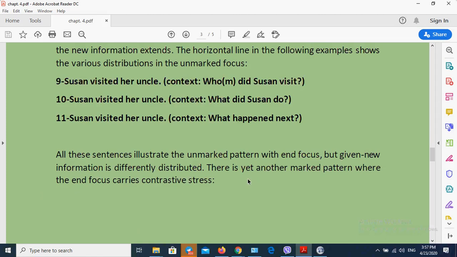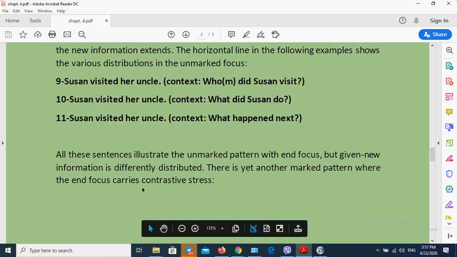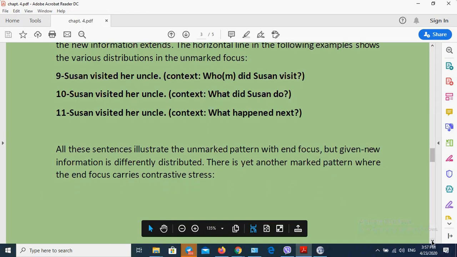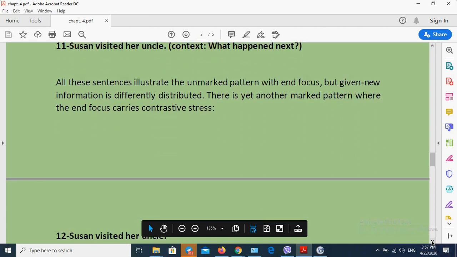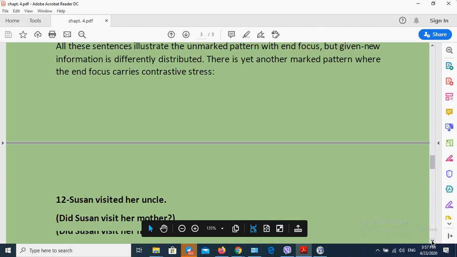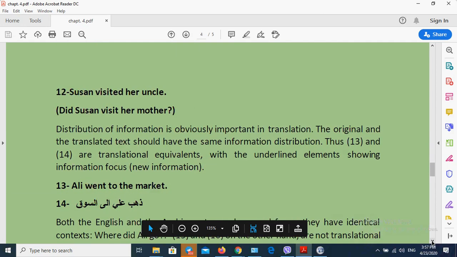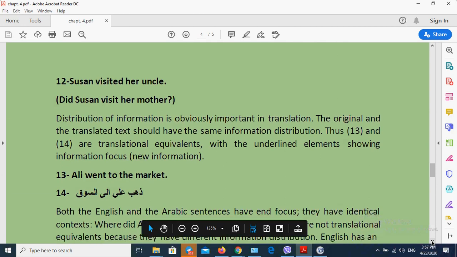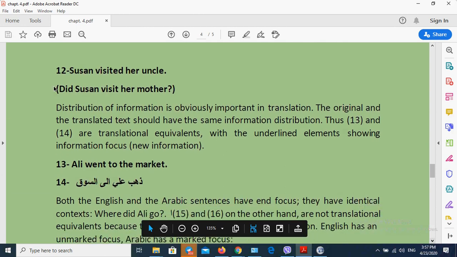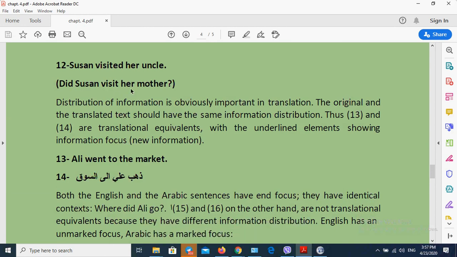There is yet another marked pattern where the end focus carries a contrastive stress: Susan visited her uncle, and here we have, did Susan visit her mother? Distribution of information is obviously important in translation. The original and the translated text should have the same information distribution.